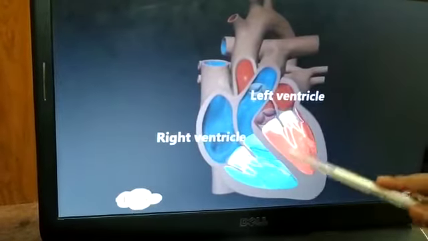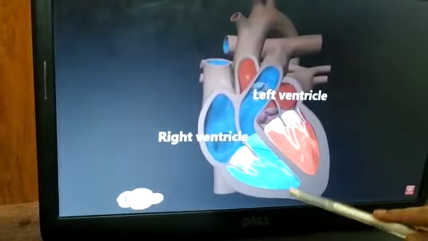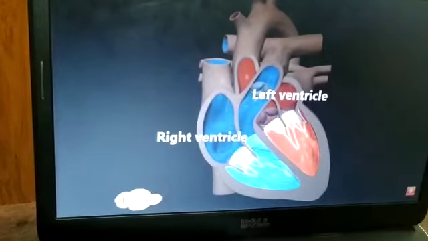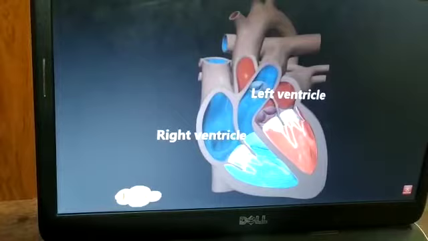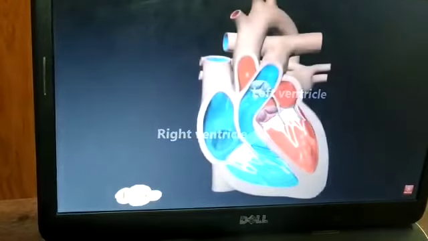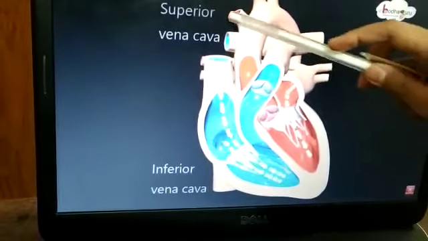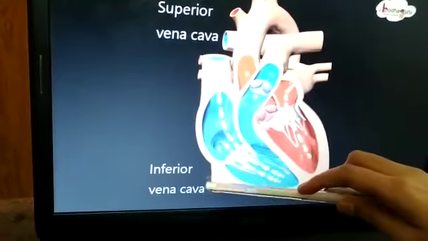These are the 2 lower chambers, right ventricle and left ventricle.